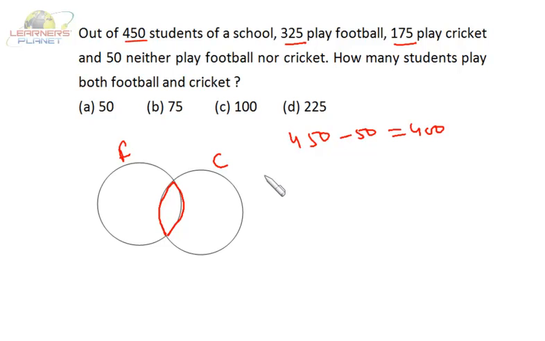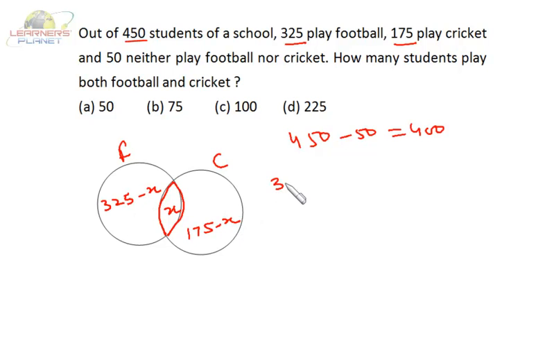Now let's say X students are playing both the games. So it's X. Now the complete total of this circle is 325, that means this part will be 325 minus X. And the complete total of this circle is 175, that means only this part will be 175 minus X. And the total of all these three will be 400.